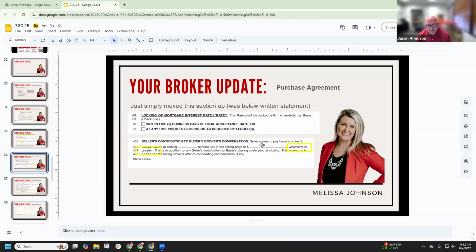Because if I had a real estate agent who puts on a big sign, I'll help you buy a home for $600, you know, I don't know a lot of them that do that, but if that was out there and you were offering 2.7, which one's going to be more? Well, it's going to be the 2.7 to a buyer. And then you're basically saying, well, I'll just pay this buyer's rep more than they want. And that's not in your seller's best interest.